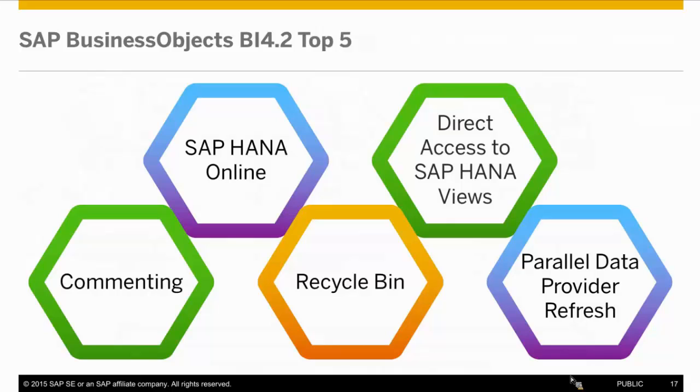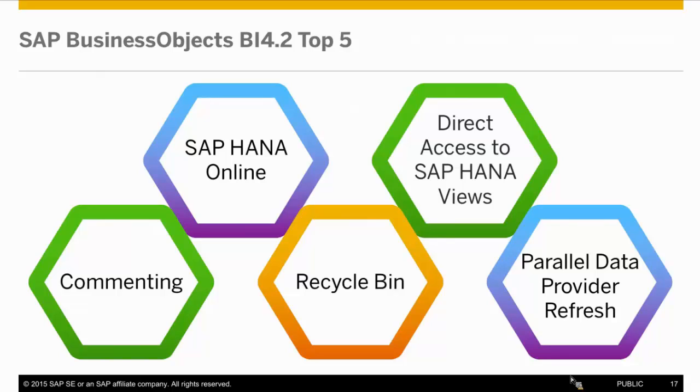So if you want to take 5 points home by the end of today, I'm pretty sure that most of our attendees and most of our customers are saying these are the top 5 items for BI 4.2. First one, SAP HANA Online. Second one, direct access into SAP HANA views.